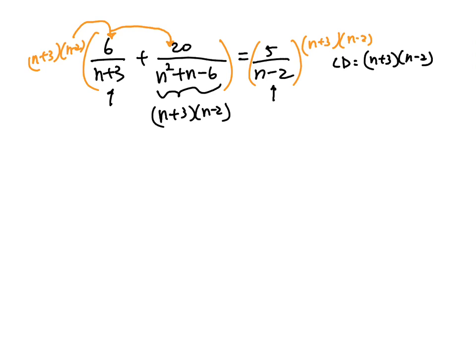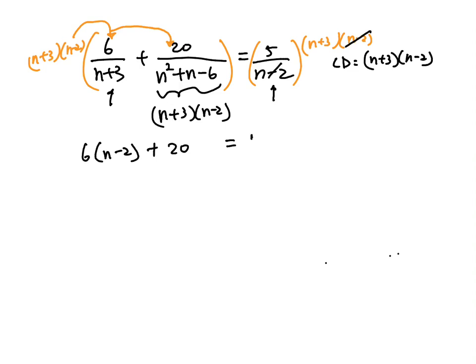Okay, so if you look at it, the first fraction with the n plus 3 on the bottom, it'll get canceled out, so we're left with 6 times n minus 2. Plus, second fraction, everything cancels out, so you're left with 20. Equal. Now, on the right hand side, n minus 2 and n minus 2, that will cancel out.